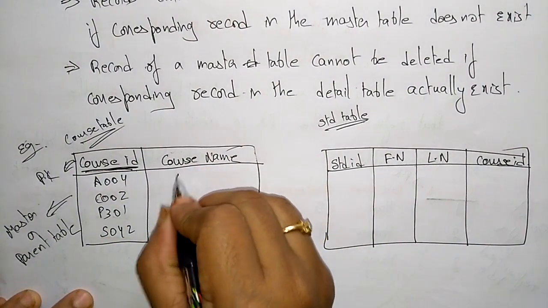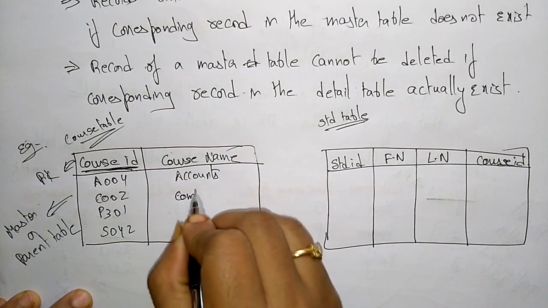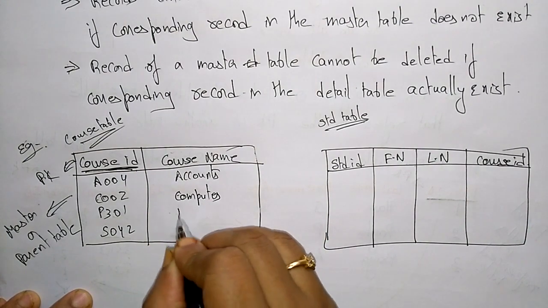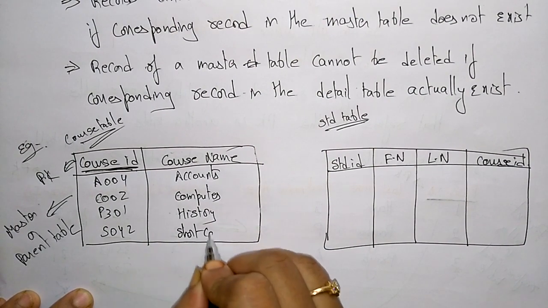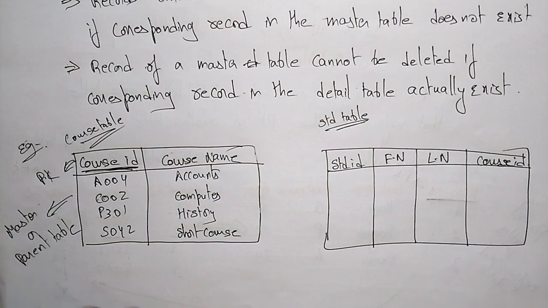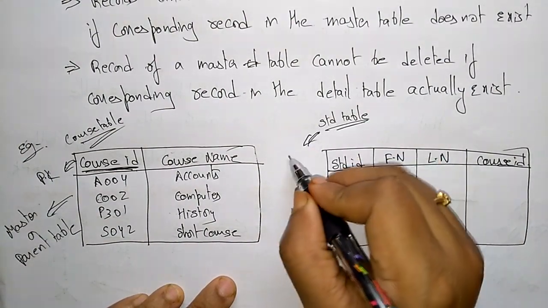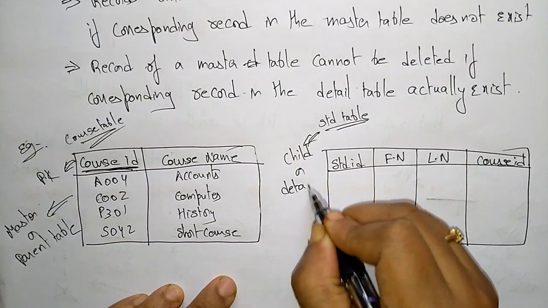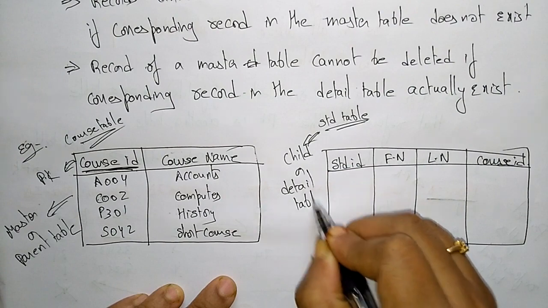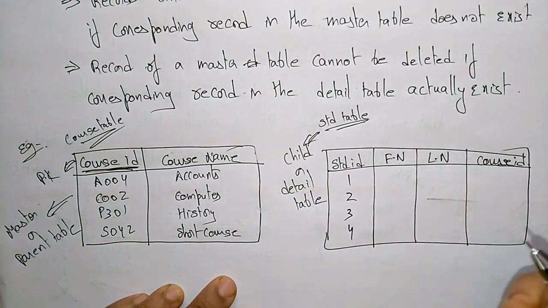The course name for AA04 is accounts, CC02 is computers, then history, and the short course. So these are some course names. Now coming to the child table. The student table is a child table or detail table. The student IDs are 1, 2, 3, 4.